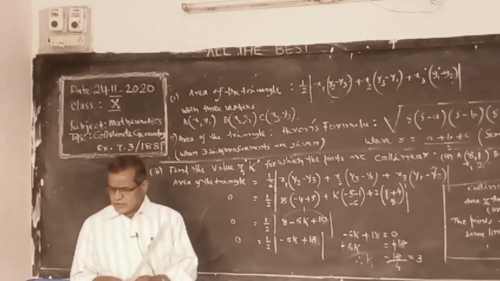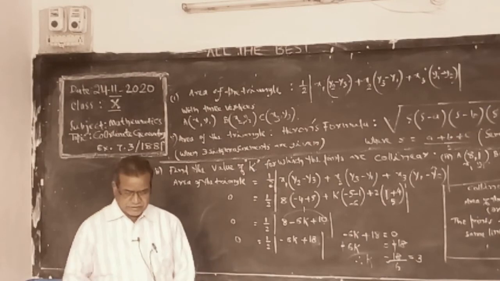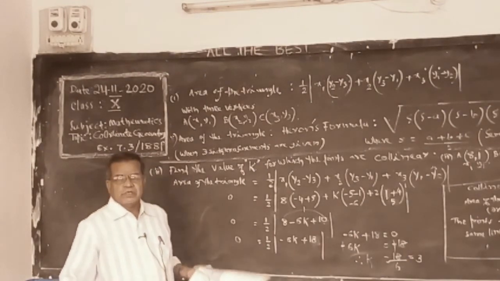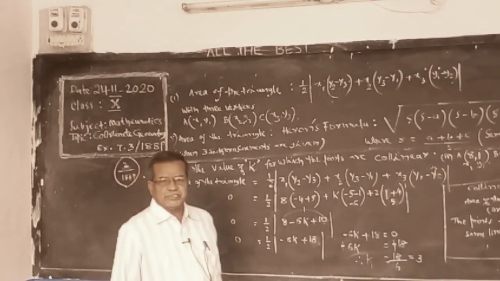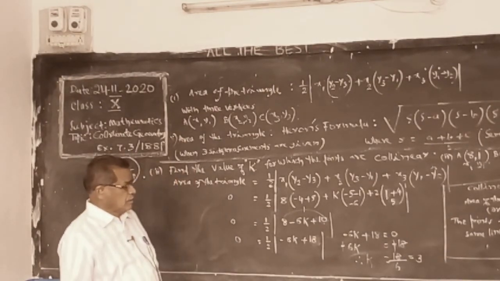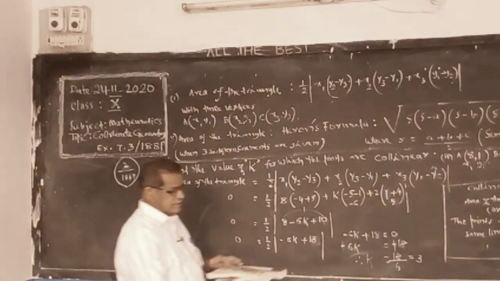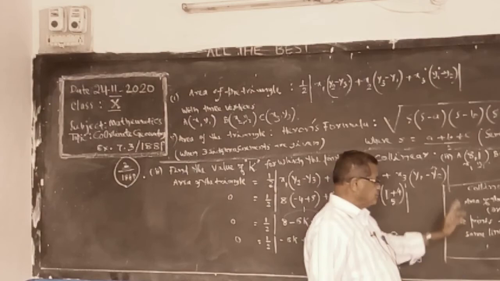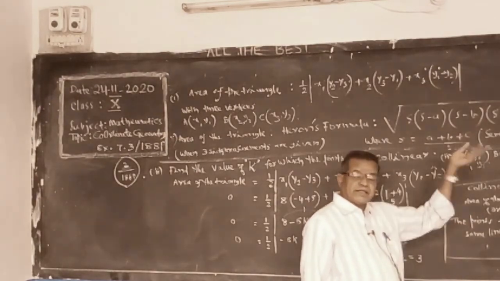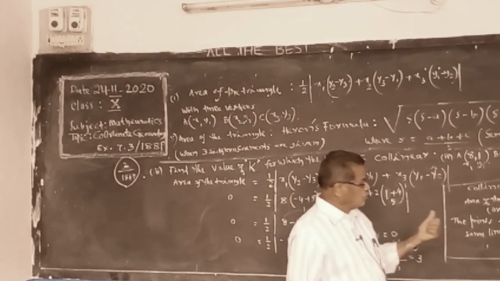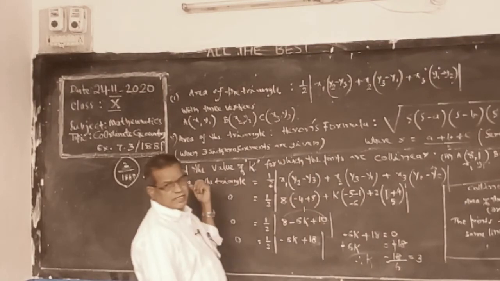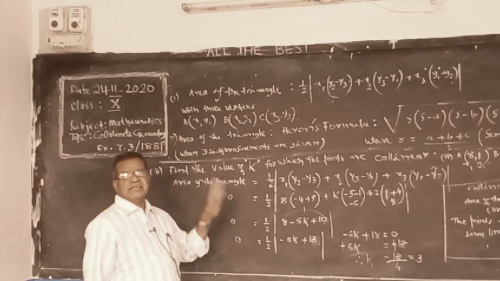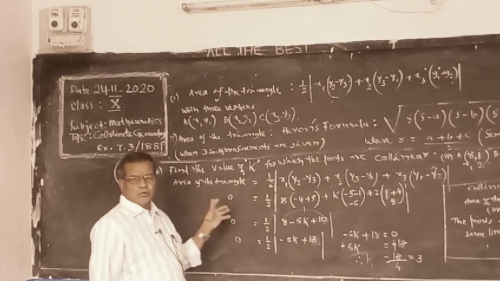Definitely you will get one question on collinear points. Collinear means the area of the triangle is 0.